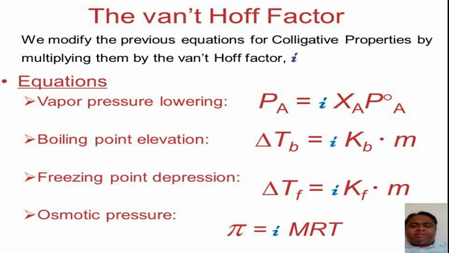Sometimes it so happens that abnormal molecular mass is observed. It differs from the calculated molecular mass because when the solute is dissolved in the solvent, the solute can either associate to form a dimer or dissociate to form ions.